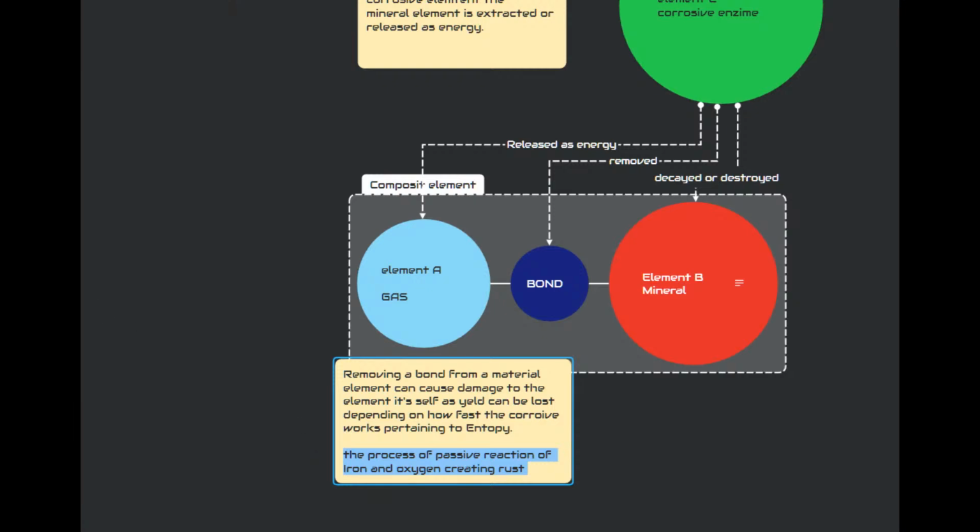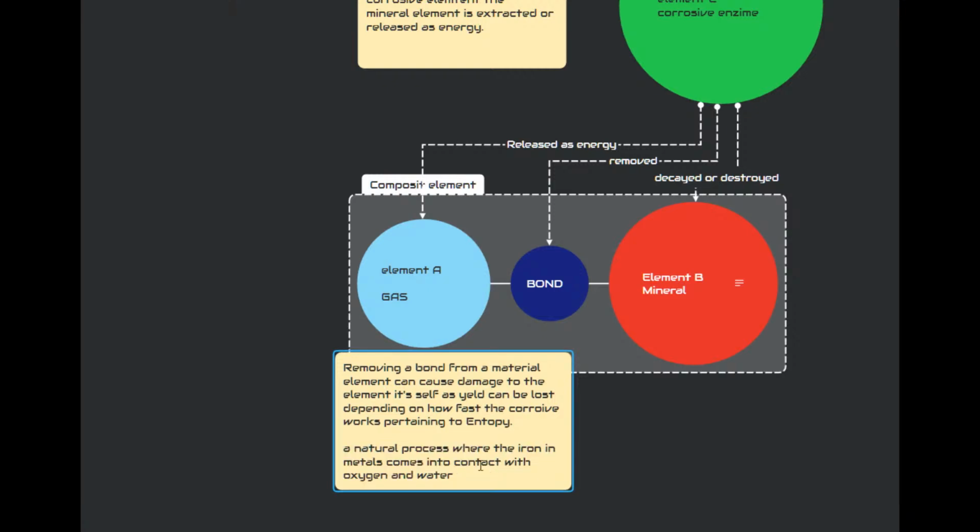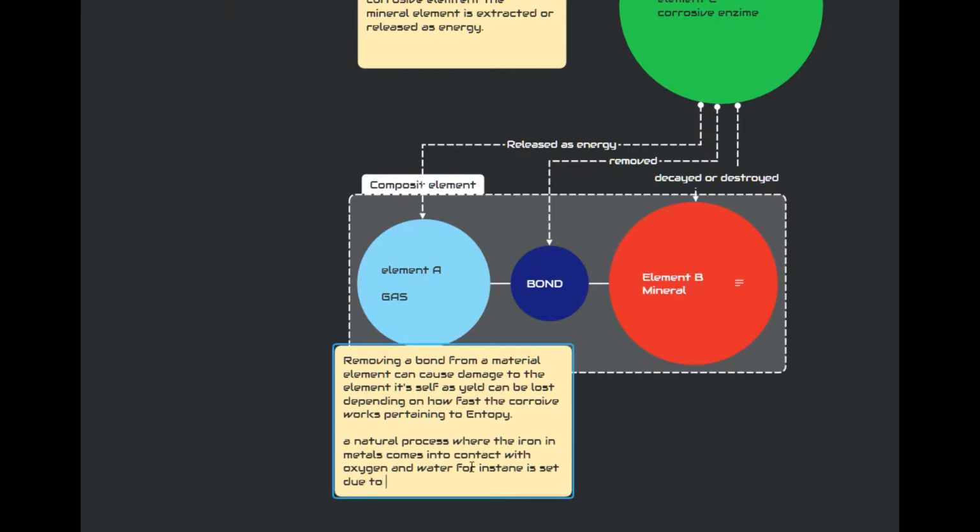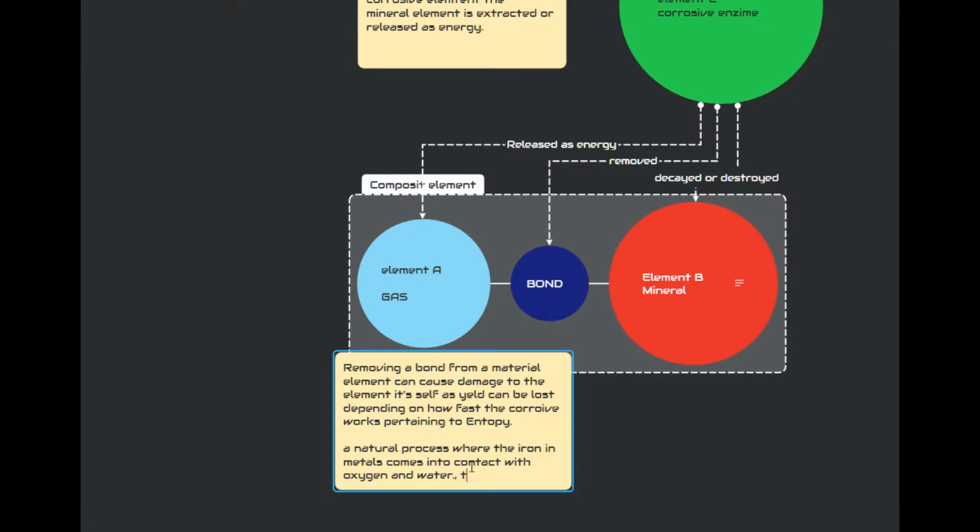Okay, so an iron isotope has 2.6 million years.